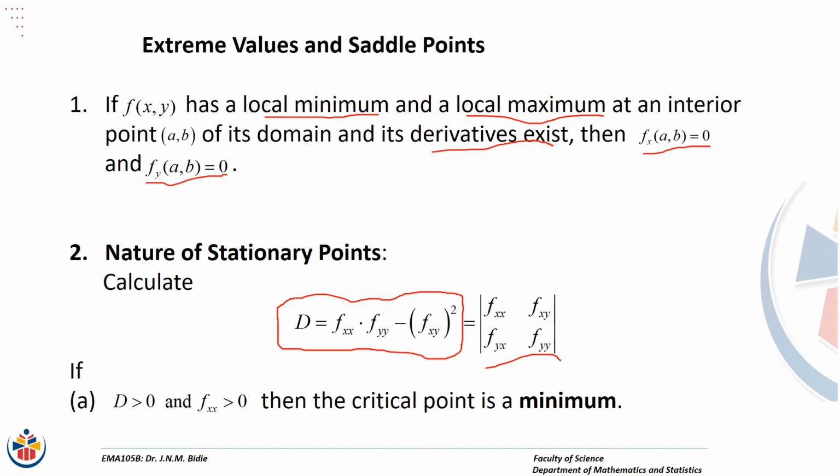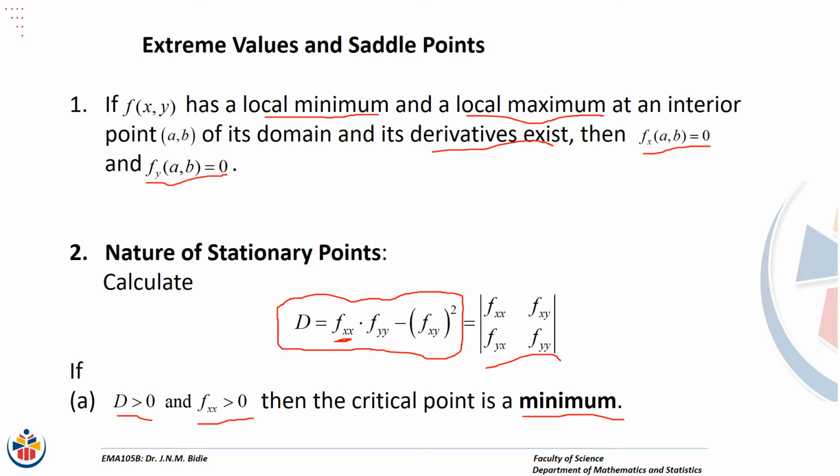So we use D as well as the nature of fxx, that is the second derivative with respect to x, to check whether we're having a minimum or a maximum or a saddle point. We need to use those two. So if you get D to be positive and fxx also positive, then that means your stationary point is a local minimum.